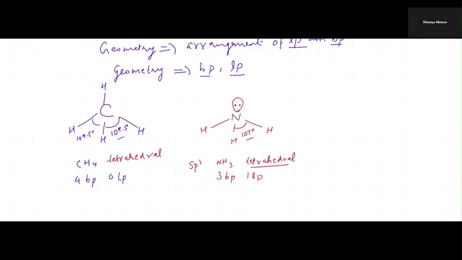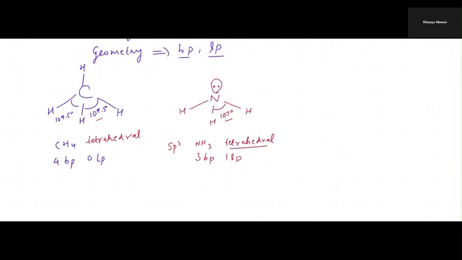Okay. Now, similarly, in case of water, oxygen, these are the 2 bond pairs of water. So it has 2 bond pairs and 2 lone pairs. Just now we calculated. So these are the 2 lone pairs of water, and these are the 2 bond pairs. This is 1 bond pair, this is another bond pair.